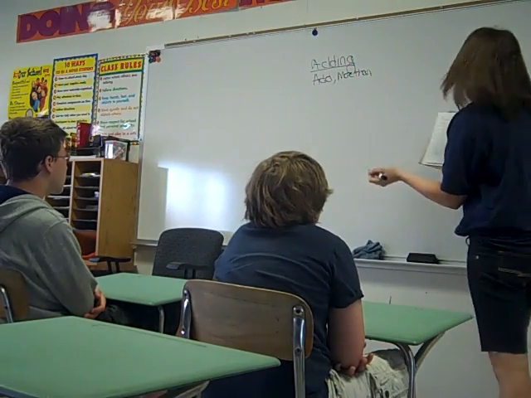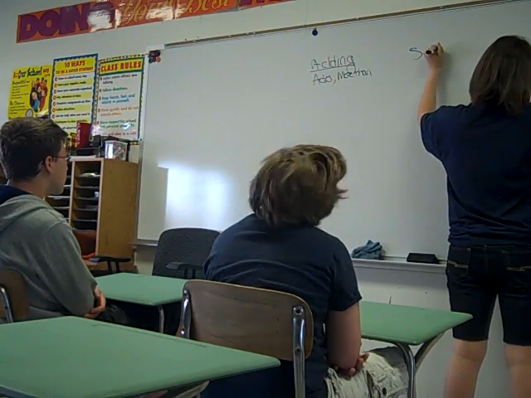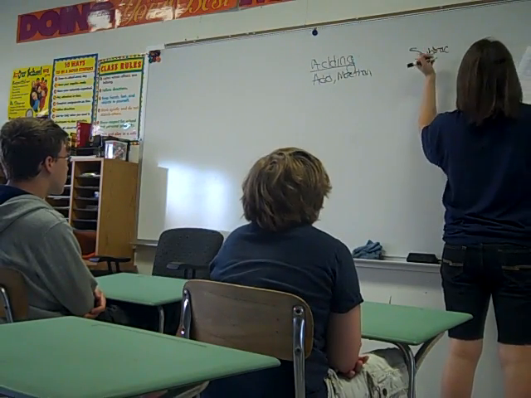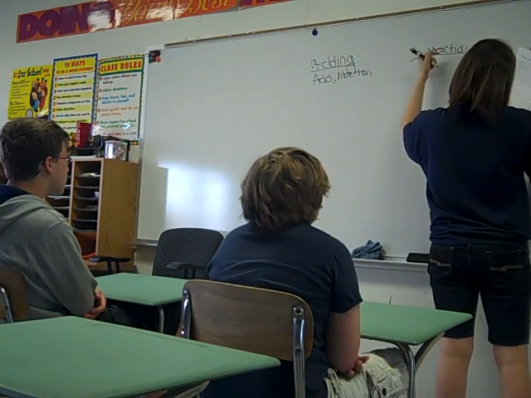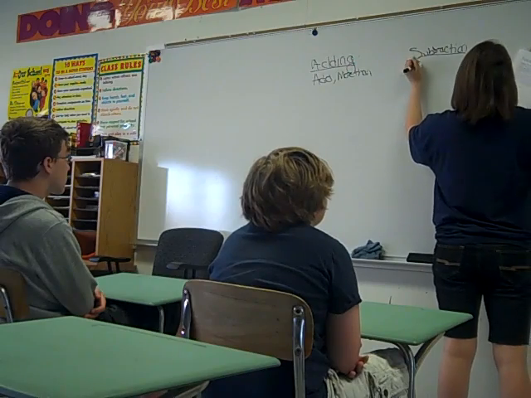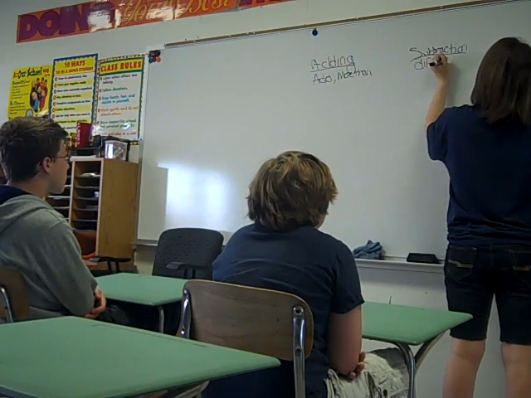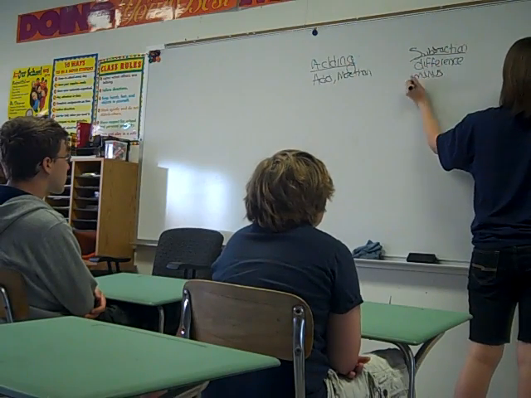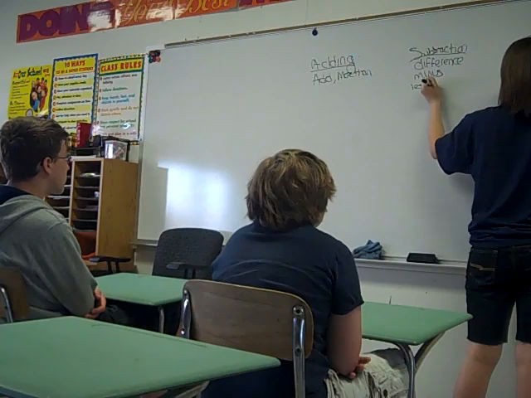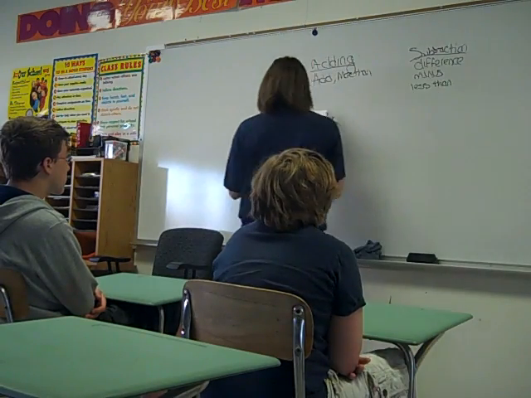The next one you have to know is subtraction. In subtraction, there are words you have to know about. And here it is: difference, minus, and less than. Then you have division.